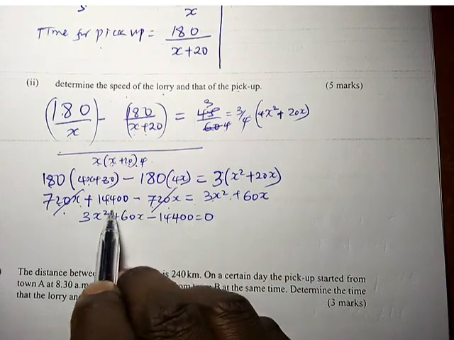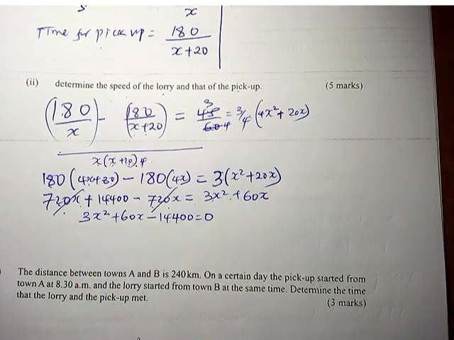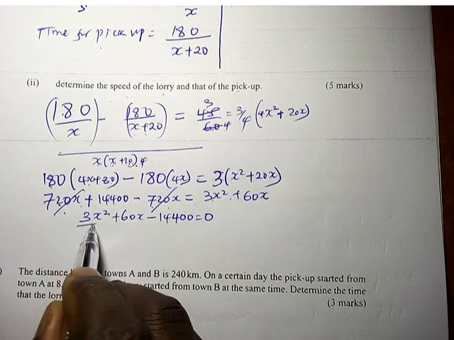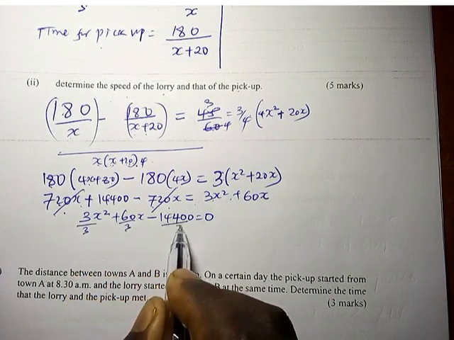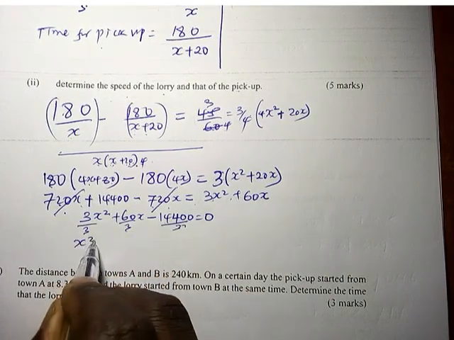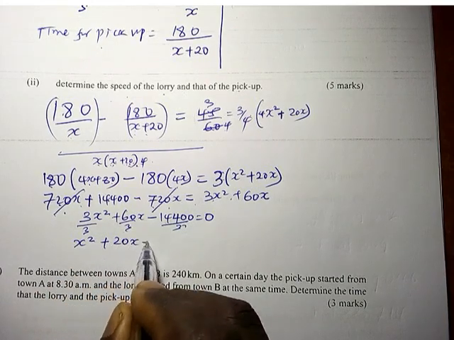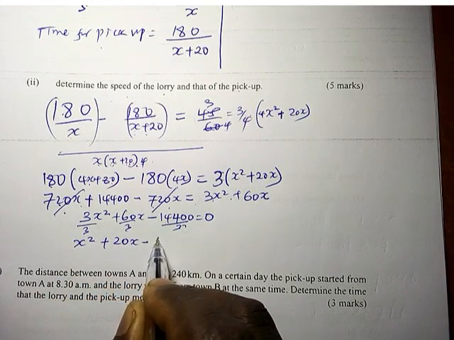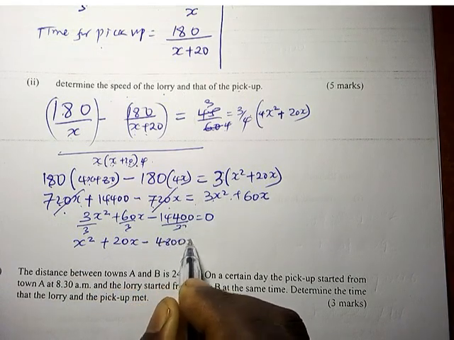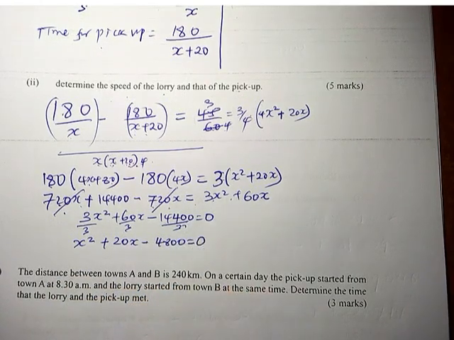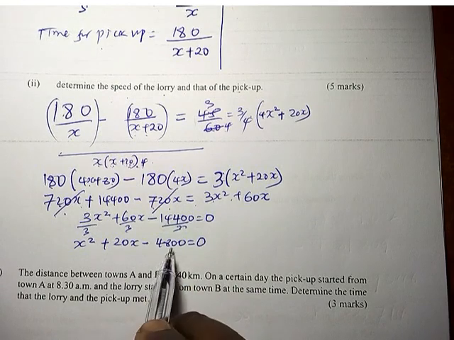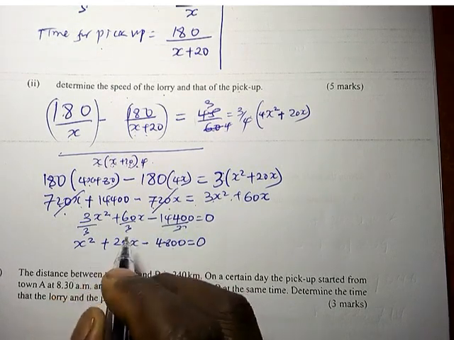This was on the right side, so when it moves across it will be negative. We divide by 3 both sides. Every side here we will have x square plus 20x minus 480 equal to 0. So two numbers that will give us, we will have 60 and 80.